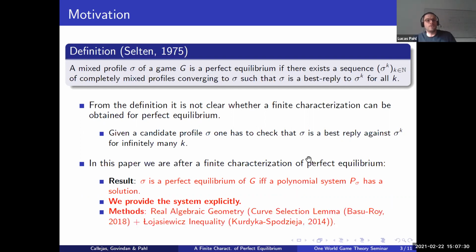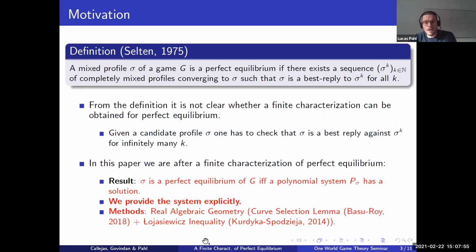The methods we're going to use to obtain this result come from two rather recent results in real algebraic geometry. One is the curve selection lemma, proved by Bazou and Hua in 2018. The curve selection lemma is a classical result, but what Bazou and Hua did was to provide a quantitative version of it, giving estimates for certain constants that were just known to exist.